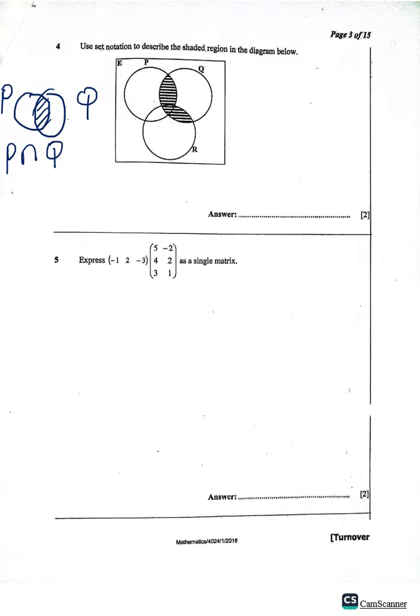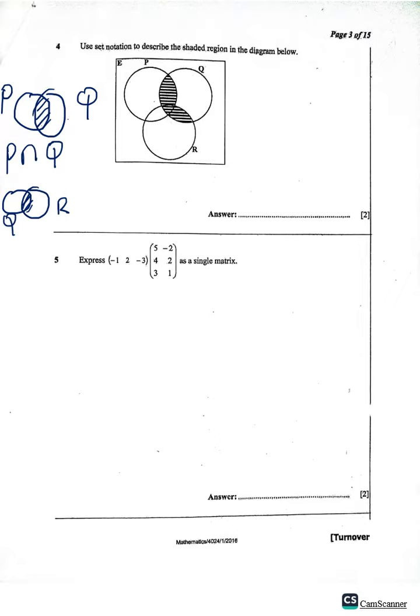Let's also look at the relationship between Q and R. So we can also see that these two are intersecting. Now, our area of interest, we are trying to find the sum of these two intersecting areas.